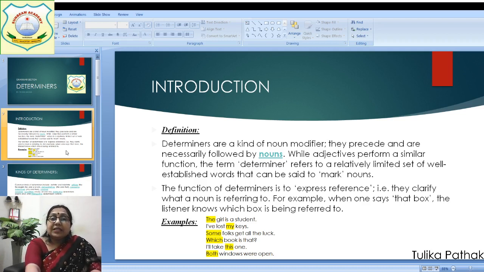To express reference. I told you before starting the introduction, it's placed before the noun to express the reference. That is, they clarify what a noun is referring to.